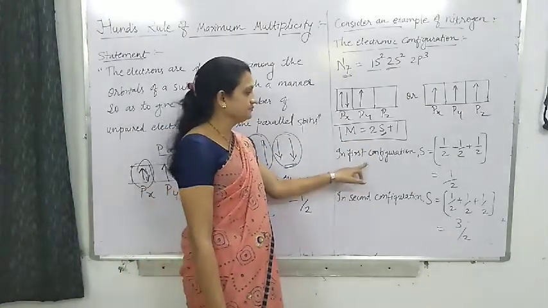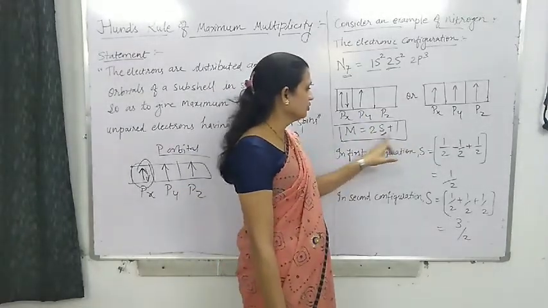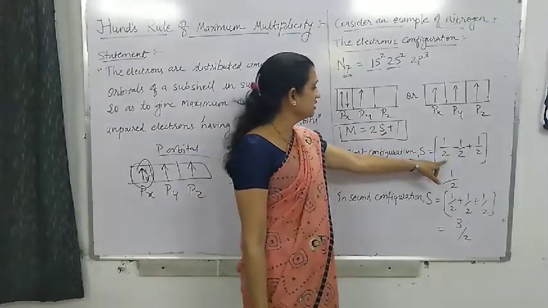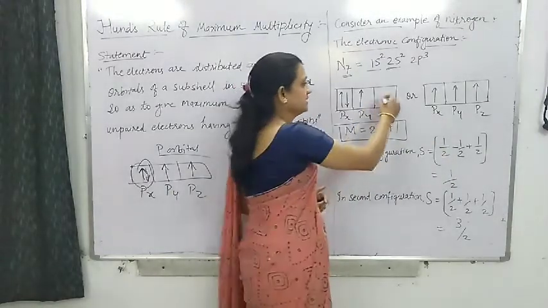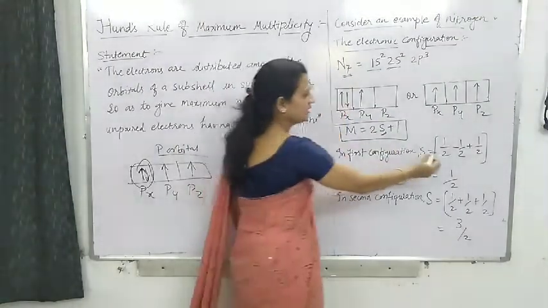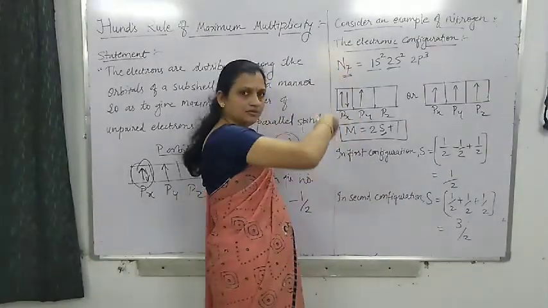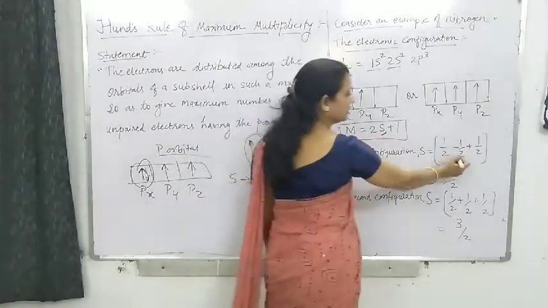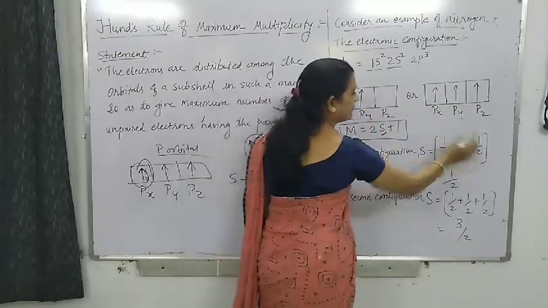So see here, in the first configuration S is equal to, here three possibilities are there. This one is empty, here the upward direction arrow is there, therefore we have written plus half. Again this downward arrow is there, therefore we have written minus half. And again this is plus half.